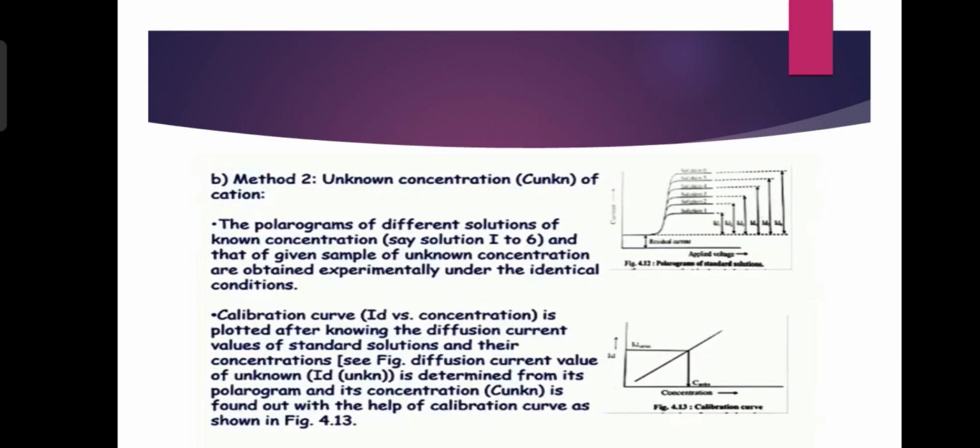When we make a calibration curve of diffusion current and concentration, a straight line arises, because these are directly proportional. So by looking at this straight line, we can find the unknown concentration of the metal by looking at its diffusion current through our polarogram.